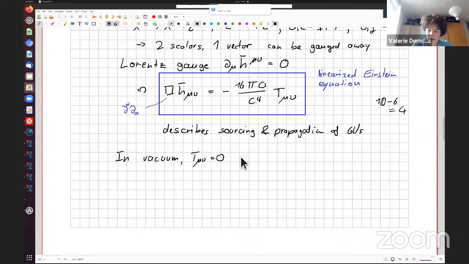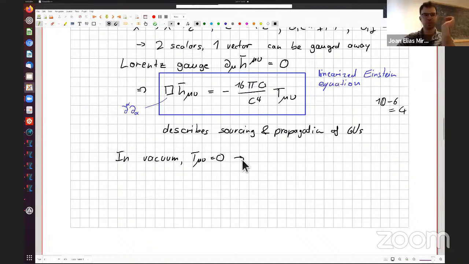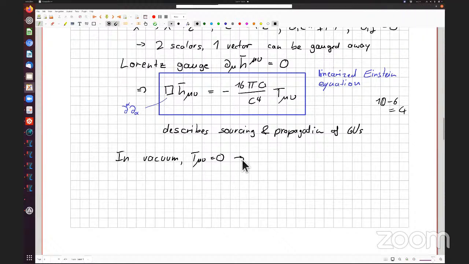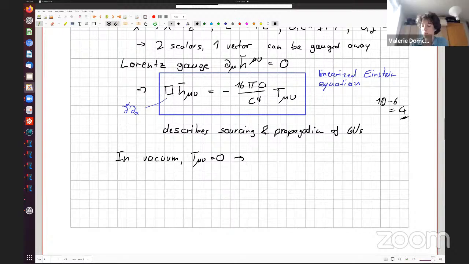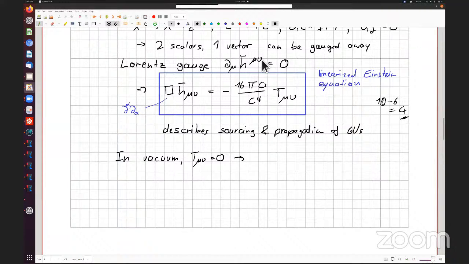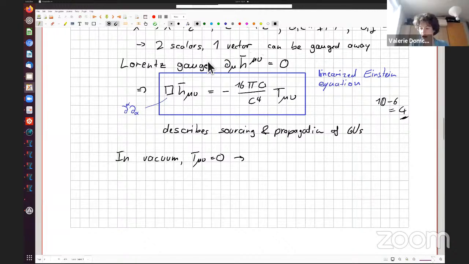There's a question from Ivan. Could you repeat how many degrees of freedom we have left after fixing the gauge? Here, 4. I don't understand why. So we had 10 beforehand, and this here are 4.